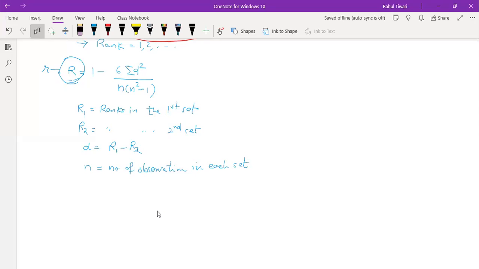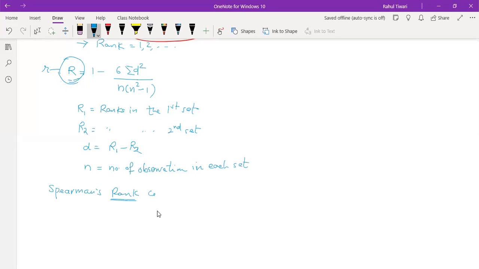Then how do you compute this formula? Where does this formula come from? Whenever it says rank, that means we have a ranking.